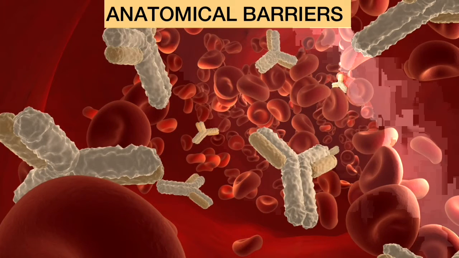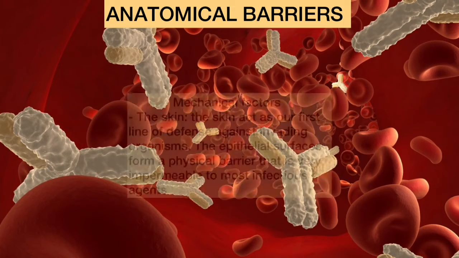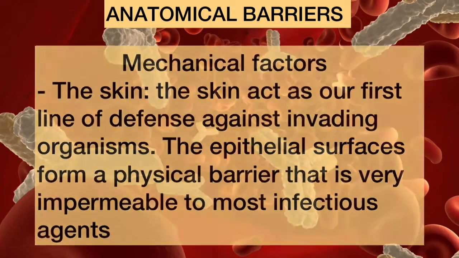Now, let's take a look at some mechanical factors of the anatomical barrier. Firstly, we have the skin, which happens to act as a first line of defense against invading organisms. The epithelial surfaces form a physical barrier that is very impermeable to most infectious agents.